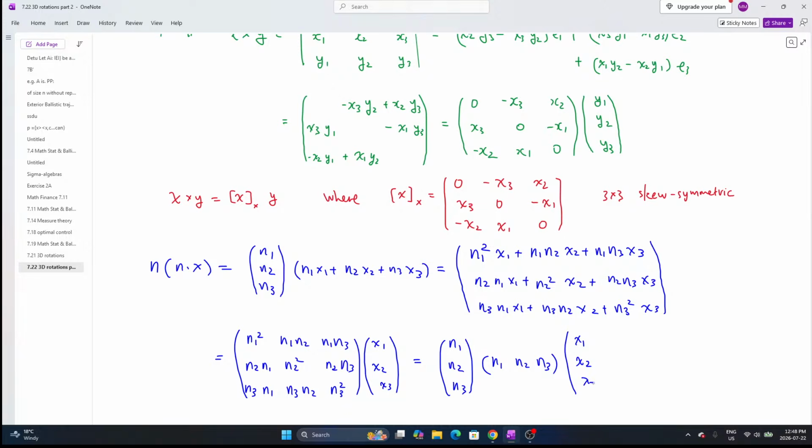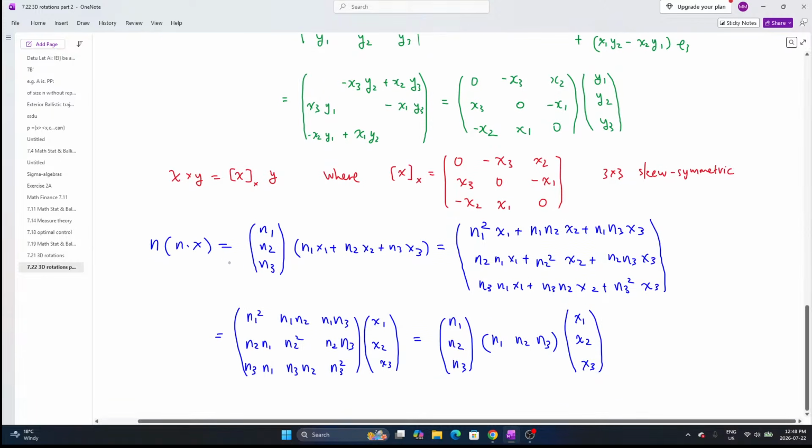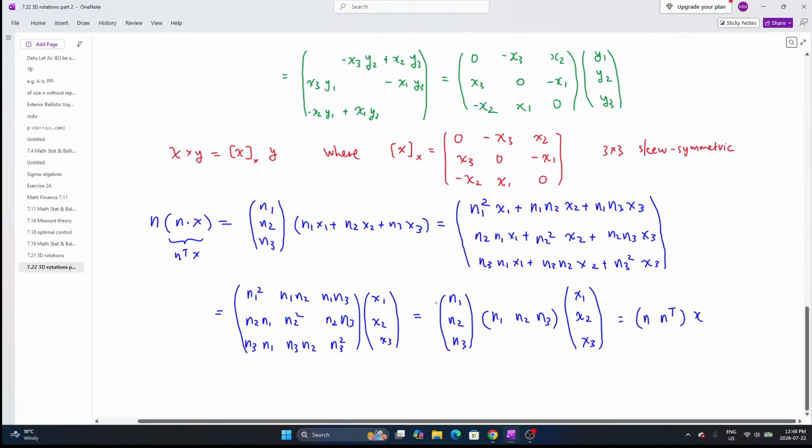I overcomplicated things a little bit, or at least chose a rather silly route. If I had just written n dot x as n transpose x, then this would be done. So this is simply n transpose times x. I wish to erase everything here, but I figured I'd just leave my struggle here.